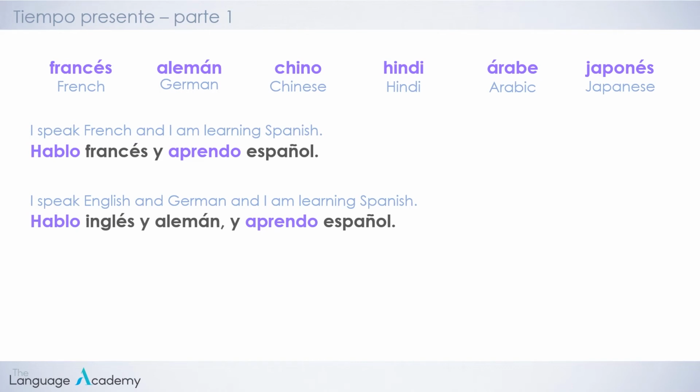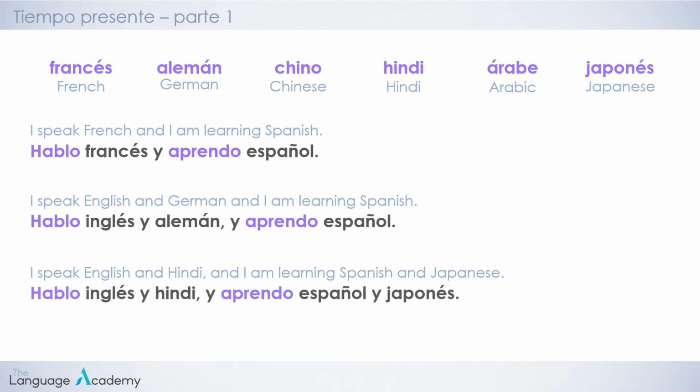Hablo inglés y alemán y aprendo español. How do you say, I speak English and Hindi, and I'm learning Spanish and Japanese? Hablo inglés y hindi, y aprendo español y japonés.